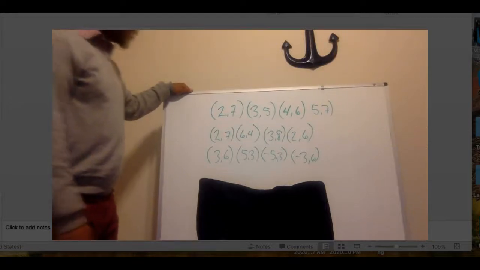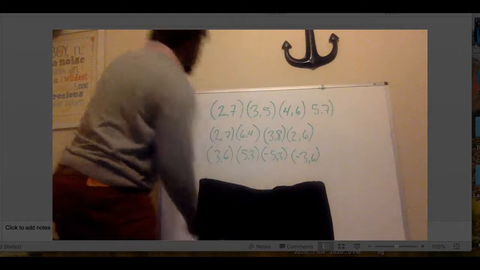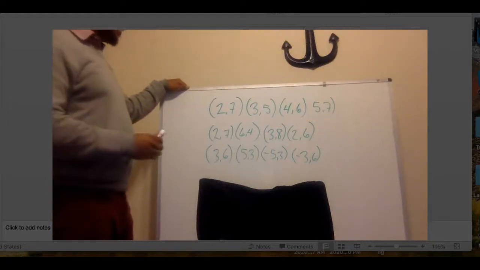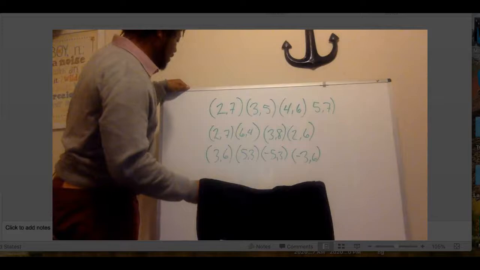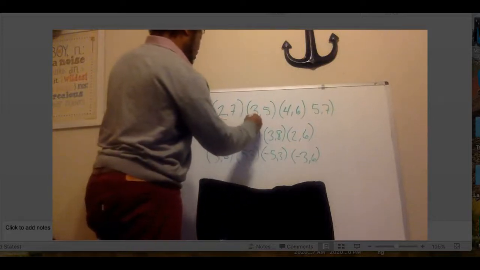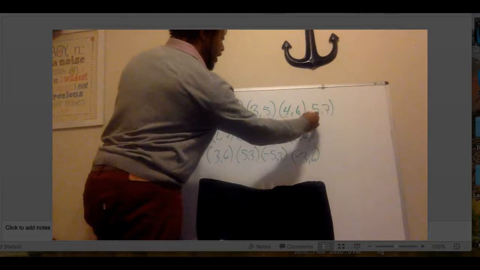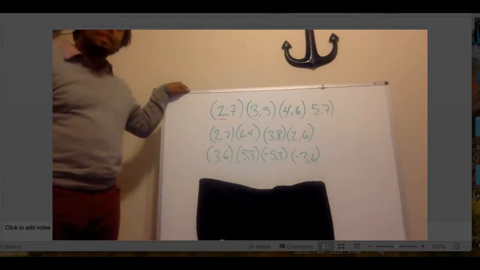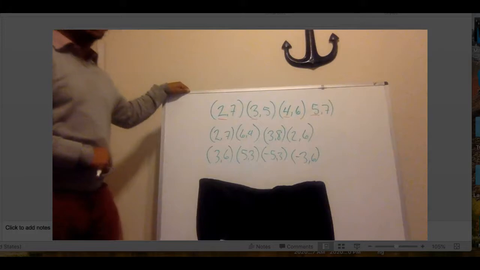All right, you should have paused the video. Now let's look at number 1. Is number 1 a function? Yes, it is. If you look at the domain, you have 2, 3, 4, and 5. There are, by definition, no repeating x variables there.